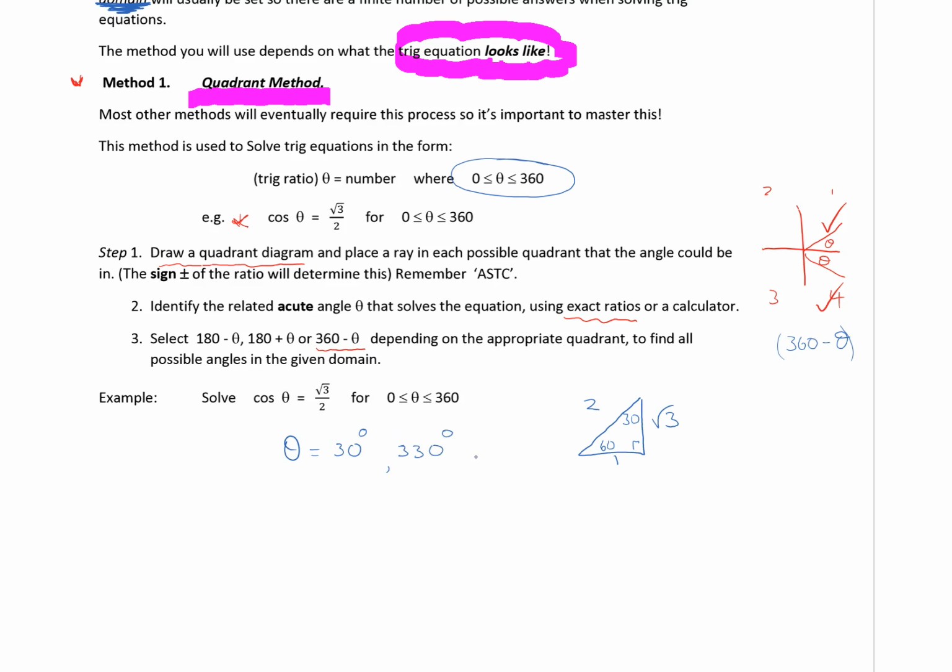And if you do happen to get a ratio that you recognize as one belonging to these exact value triangles, then you can get your answer straight away. You don't need your calculator. I think I will stop the video there because it's now getting a little bit long, and do the rest of the examples in another video.